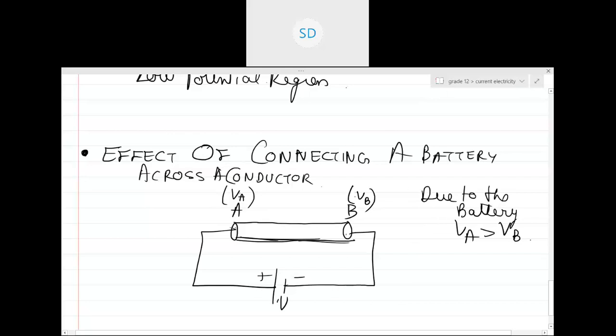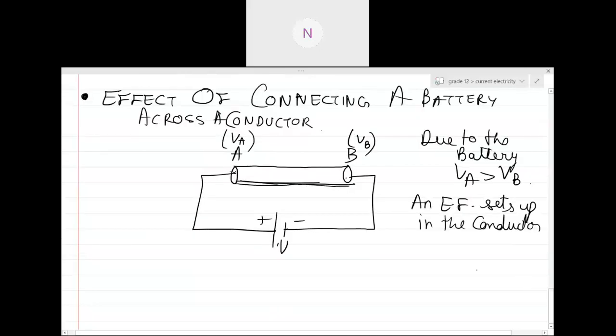With this potential difference, what should be the direction of the electric field set up inside the conductor? From A to B, from higher potential to lower potential, because we know the direction of electric field is always from higher to lower.